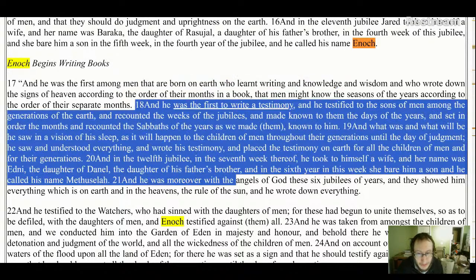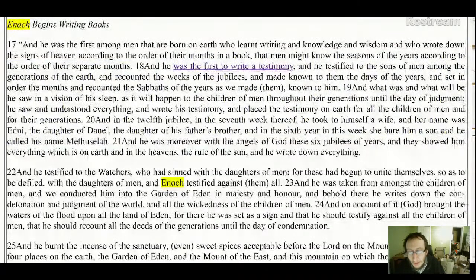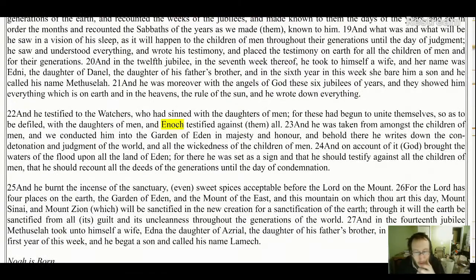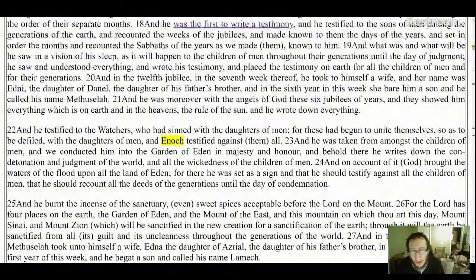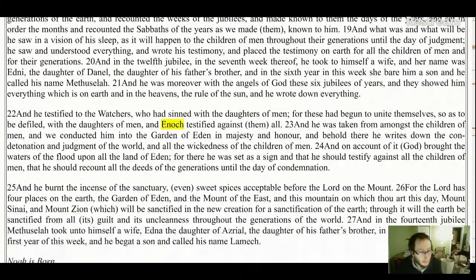When we read this entire section, we see that it's very much quoting or summarizing and endorsing the Book of Enoch. Jubilees' treatment of Enoch matches very closely with what we see from the Book of Enoch. So clearly, Jubilees is endorsing the Book of Enoch. He wrote down the condemnation and judgment of the world, again, endorsing the Book of Enoch.